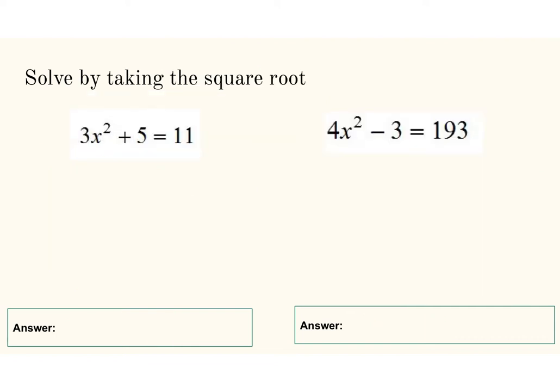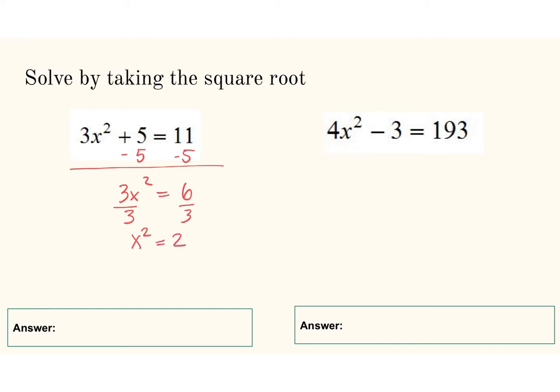Sometimes we do not need to factor in order to solve one of these equations because we can use the square root. So in this case, I'm going to isolate x squared by removing the 5 from both sides. So I'm left with 3x squared equals 6. Divide by 3. So x squared is equal to 2.